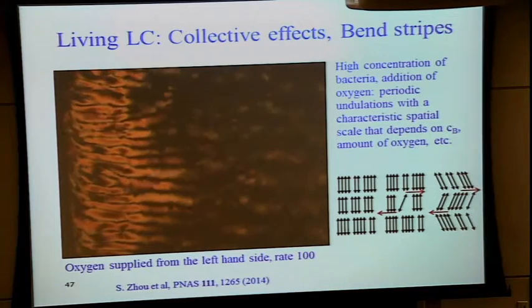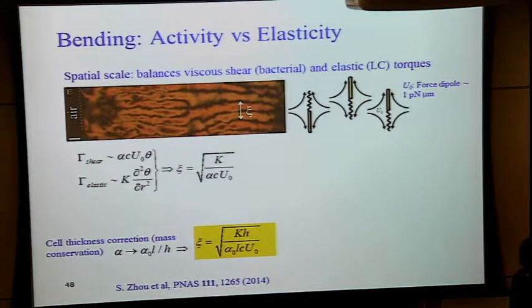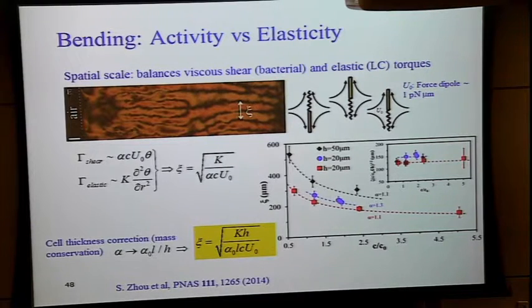And of course, since there is an elasticity of the nematic, I cannot make these distortions arbitrarily strong. There is a restoring torque from the elastic response, and by equating, in a simple dimensional analysis way, the misaligning torque created by the squirting bacterium and the elastic response, I arrive at an estimate for the period of this bending, which would be the square root of the elastic constant divided by the activity of the bacterium.